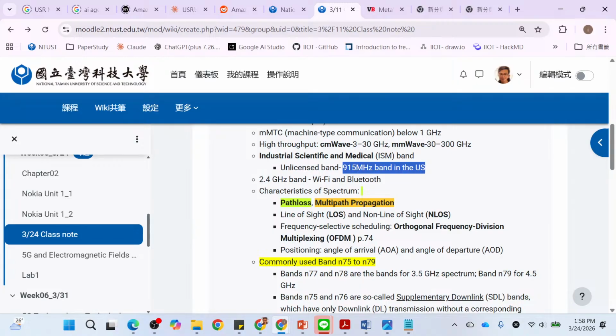But once you use this kind of bandwidth, you have to be very careful. Why? Because this will be used for ambulance, police. Okay, so if you abuse this, you will violate the regulation, even the law, because you will interrupt some police operation, and you will get caught seriously.